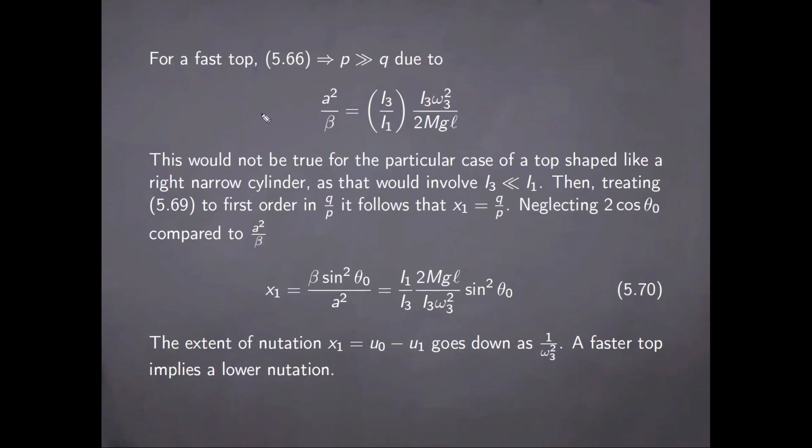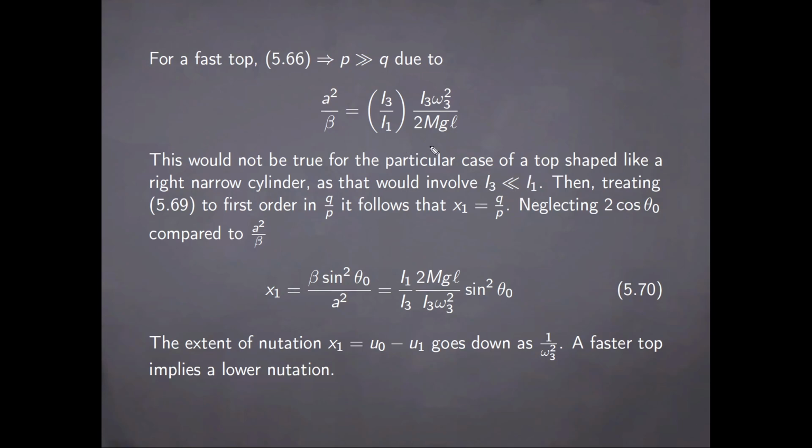And now, in the case of a fast top, what condition 566 implies is that p is much larger than q due to this ratio. So a particular situation where this would not be true would be the case of a top shaped like a right narrow cylinder, as that would involve that the third principal moment of inertia is much smaller than the first one.